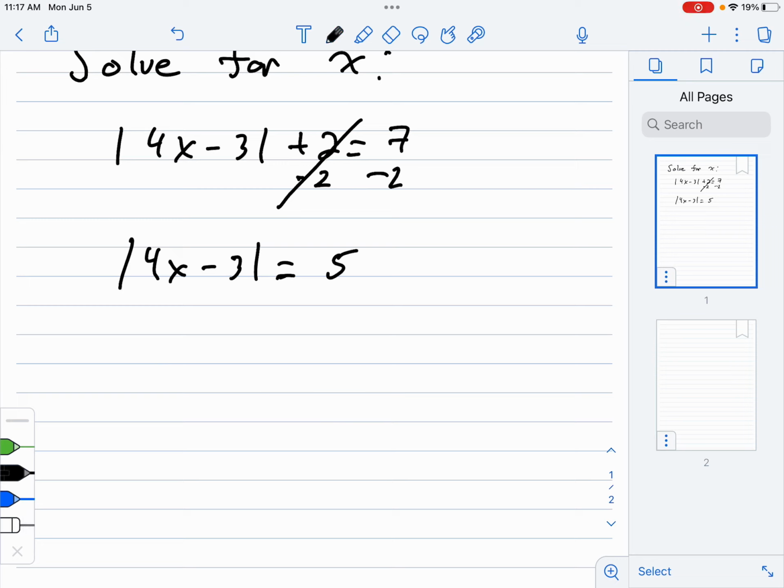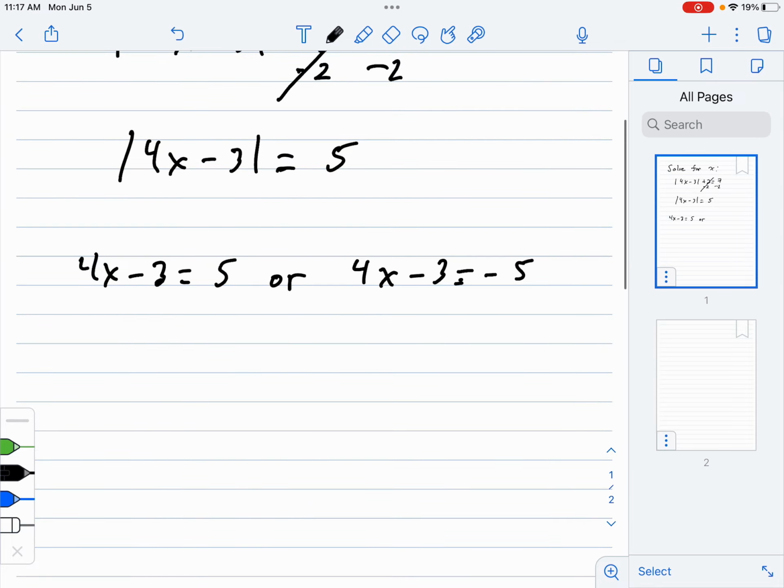Okay, so the next step after that is to make two equations. When an absolute value equals a number, you have two equations: when the absolute value equals the number itself, or when the absolute value equals the negative of the number. Because the inside of an absolute value can be both positive and negative, and it'll give you a positive number.